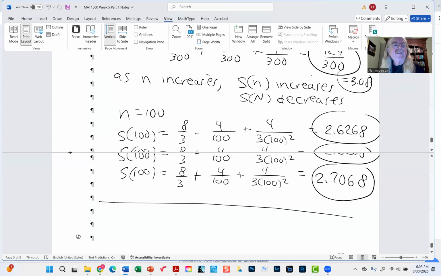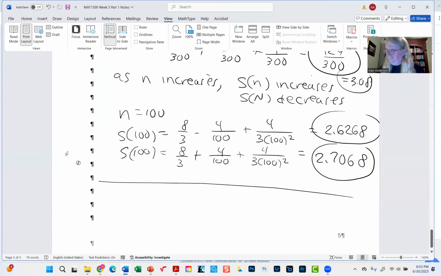Oh, and by the way, the actual area here is going to be 2.667. So even with just 100 rectangles, we're getting pretty close there.